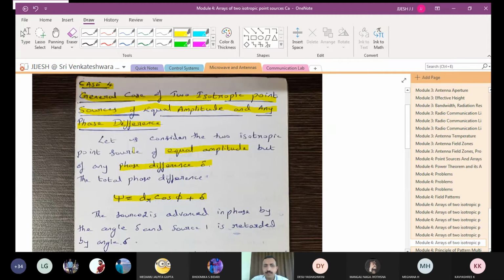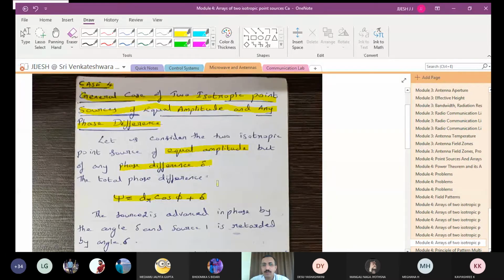So let us consider the isotropic sources of equal amplitude but any phase difference delta. So psi is equal to dr cos phi plus delta. That is what you are going to get. Here you know that in case 1 we substituted delta equal to 0 because it is in phase.